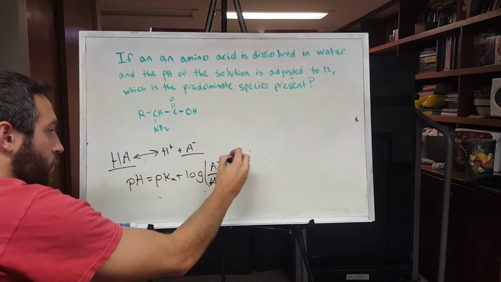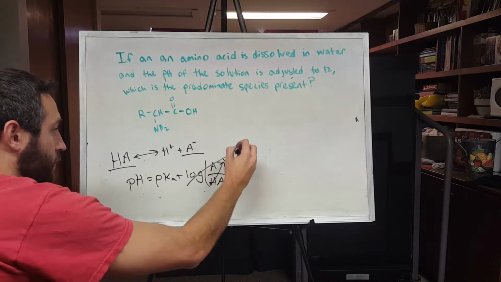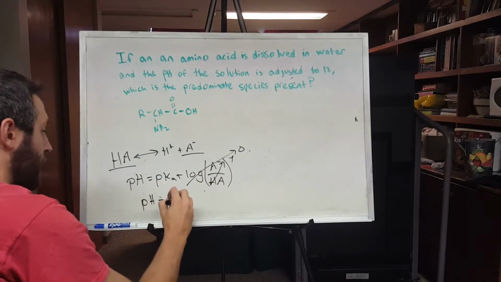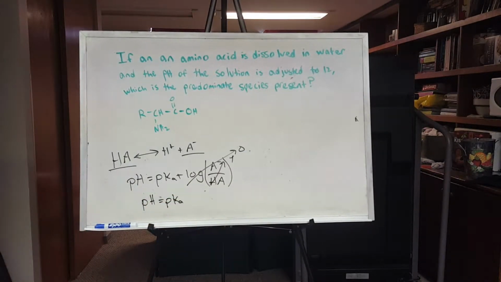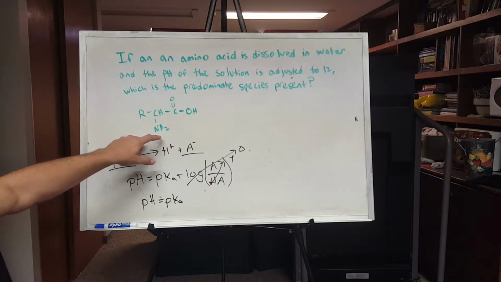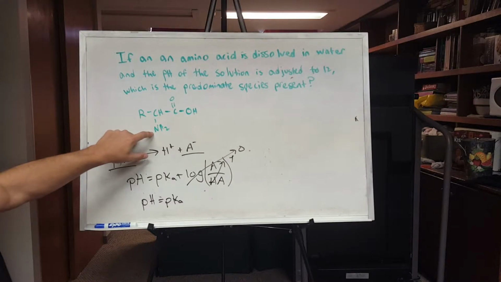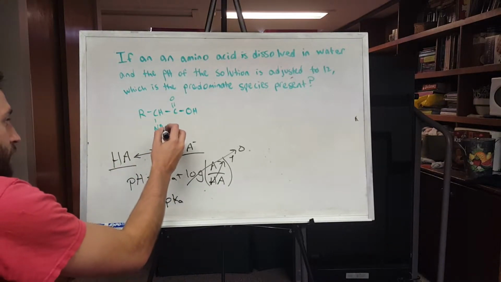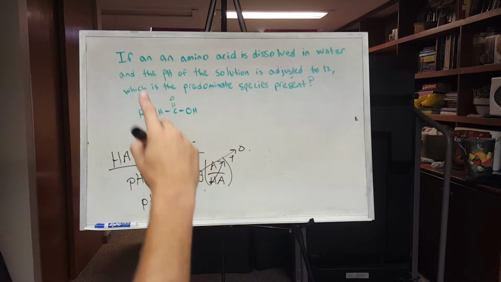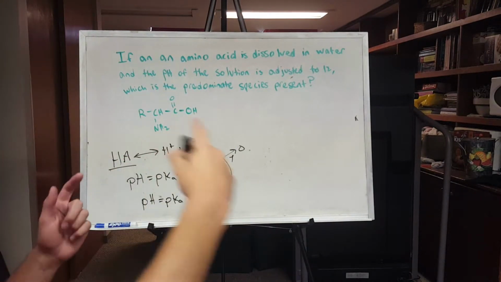If this ratio goes to 1, then this whole term goes to 0, and then pH equals the pKa. So when the pH is equal to the pKa of this group, then it will be equal amounts of conjugate acid and conjugate base.